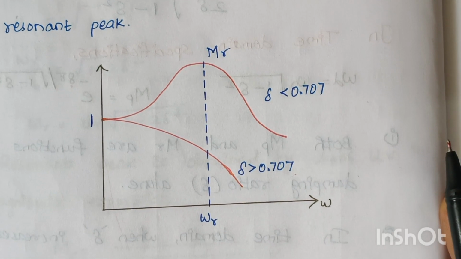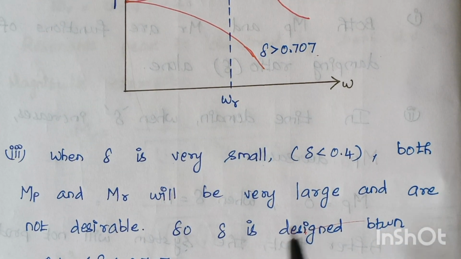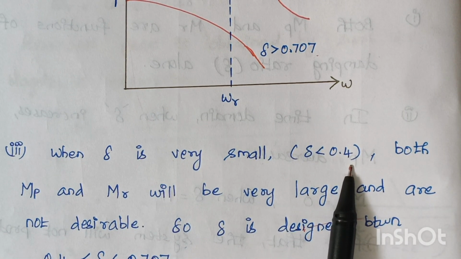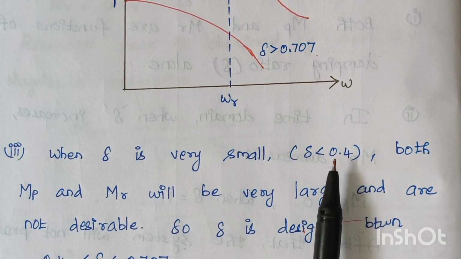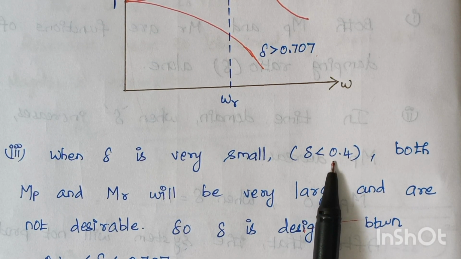Then the next thing, we are assuming a smaller value of zeta here, that is, whenever zeta is less than 0.4. Whenever the value is less, what happens? The damping ratio always reduces the peak overshoot; you should always keep this in mind.